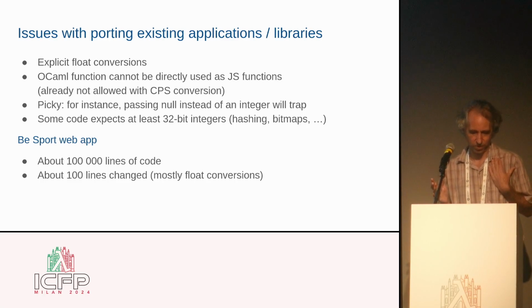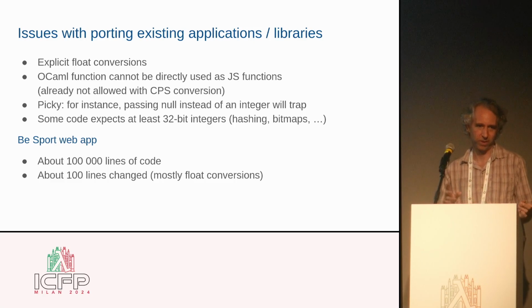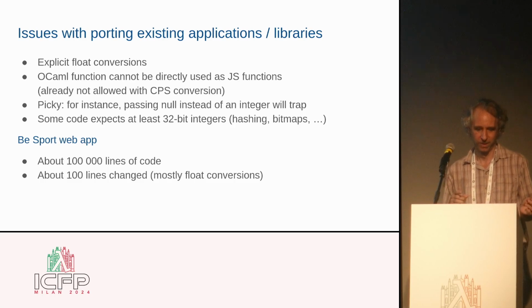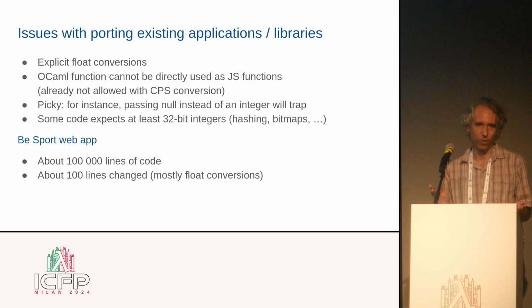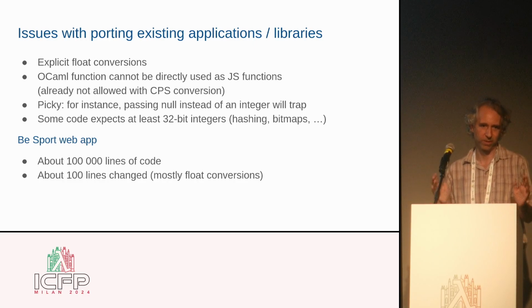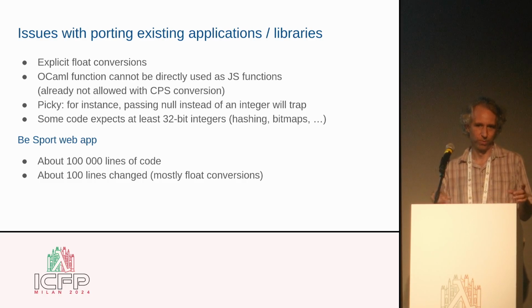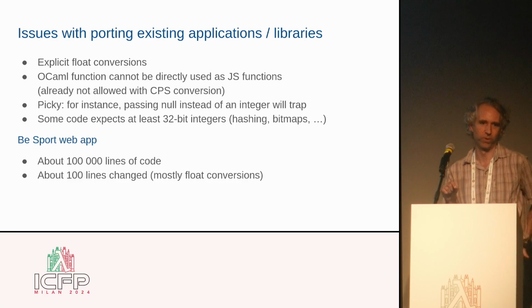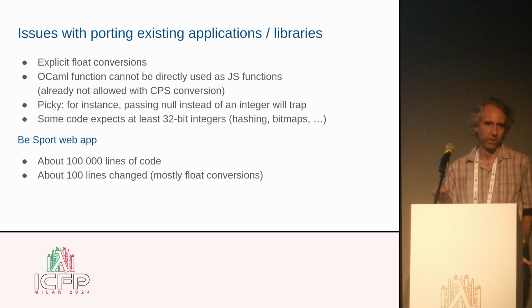And also OCaml functions kind of worked when called from JavaScript, and that no longer works because they are implemented as structures. There was already a way to specify that the function was a callback, and now this is mandatory.